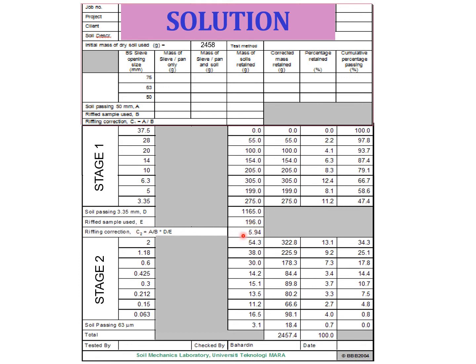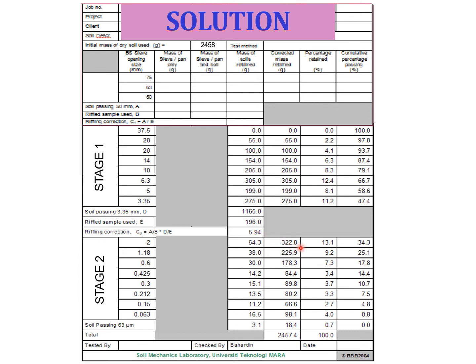To determine the refill correction, it is 1165.0 divided by 196, you will get 5.94. So for stage 2, you have 54.3, you have to times it with 5.94, so you will get 322.8.